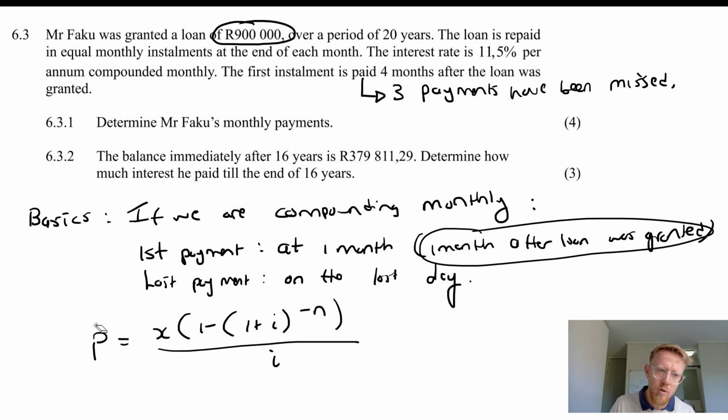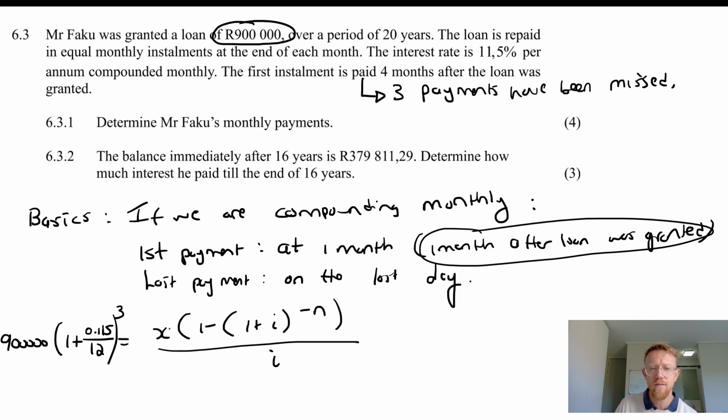So instead of putting 900,000 here, you're going to put 900,000 in brackets, and then you're going to compound it, which is 11.5% monthly, for 3 months, because 3 payments have been missed, and so you need to compound the loan for 3 months.